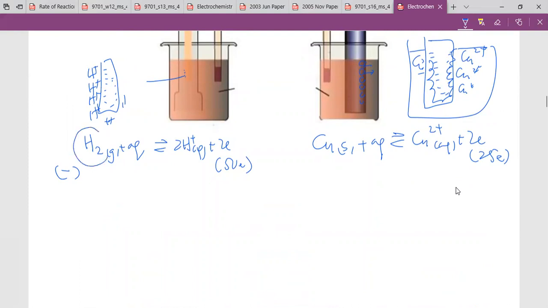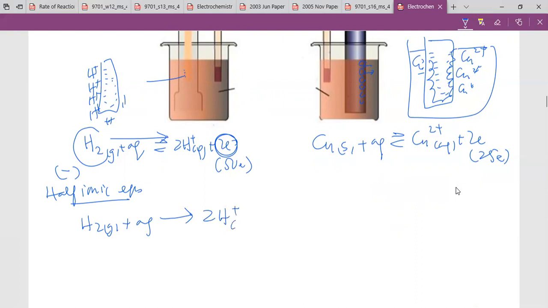Of course, hydrogen must be coming out to supply the electrons to copper. So the half ion equation here will be H2 gas, one directional, giving 2H+ aqueous plus 2 electrons.